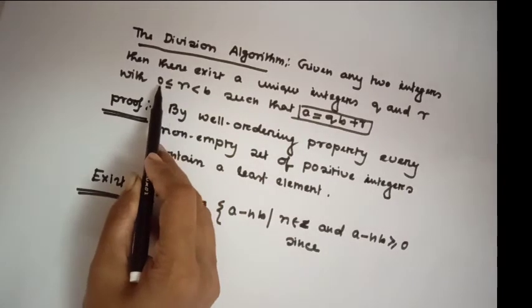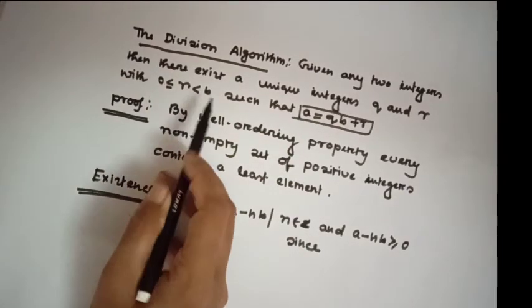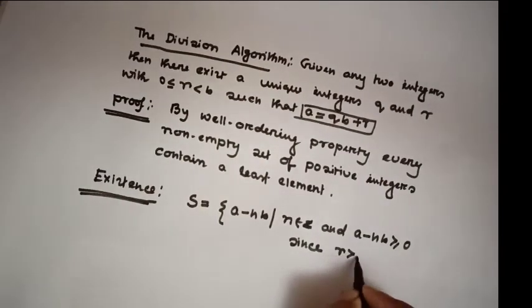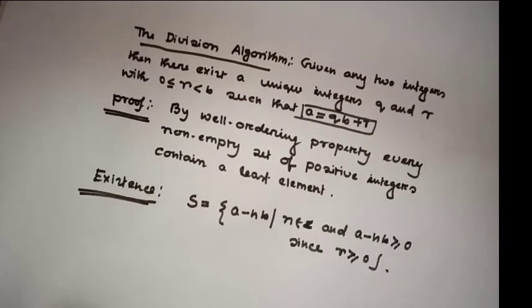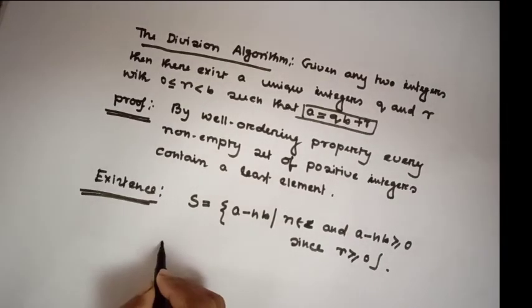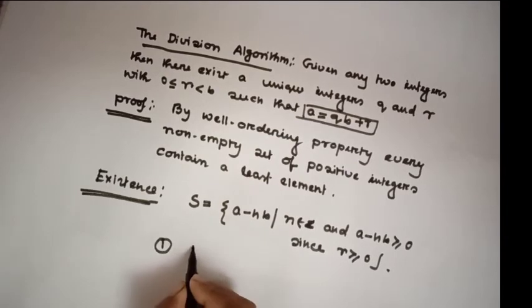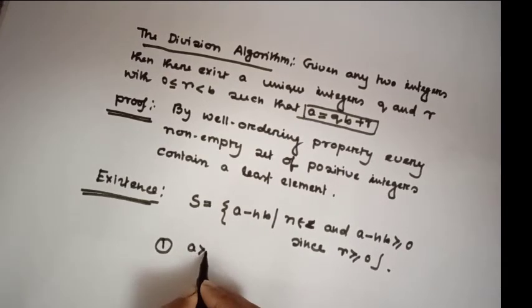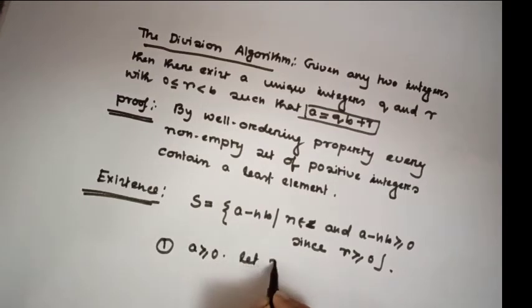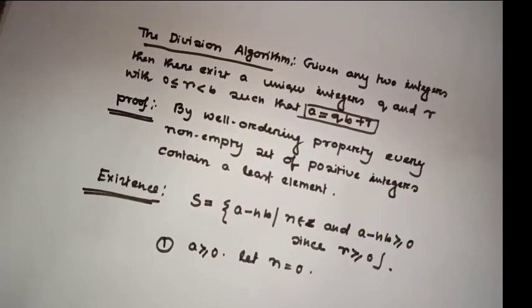Since r lies between 0 and strictly less than b, since r is greater than or equal to 0. First case, let a be greater than or equal to 0 and let n equal 0.